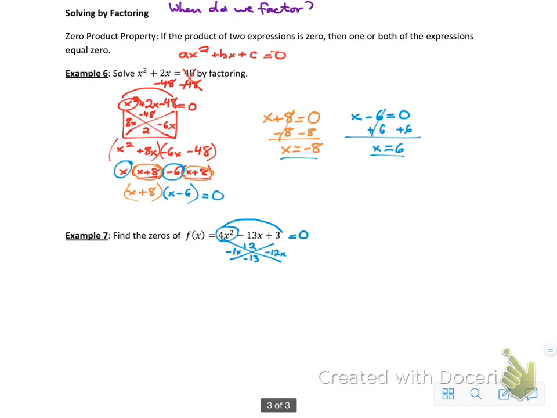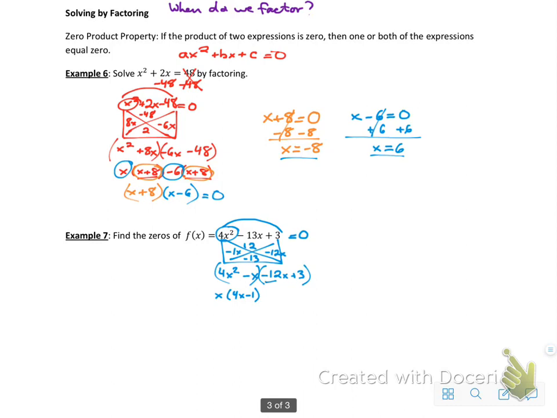We start with 4x squared, go down to negative x, over to negative 12x, and up to 3. We group first two, last two. In 4x squared minus x, the only thing we can take out is an x, so we're left with 4x minus 1. And in the right two, remember what I said, if it starts with a negative, you have to take out a negative.